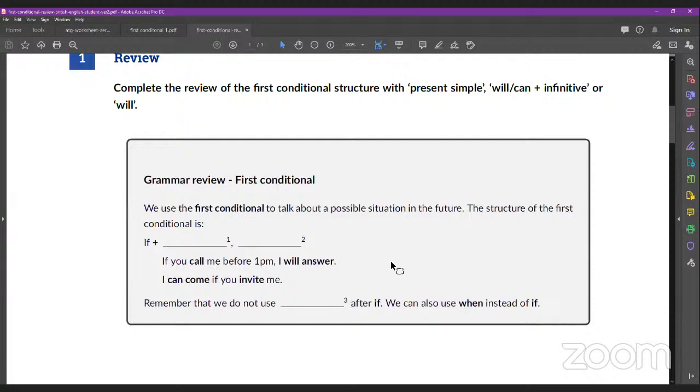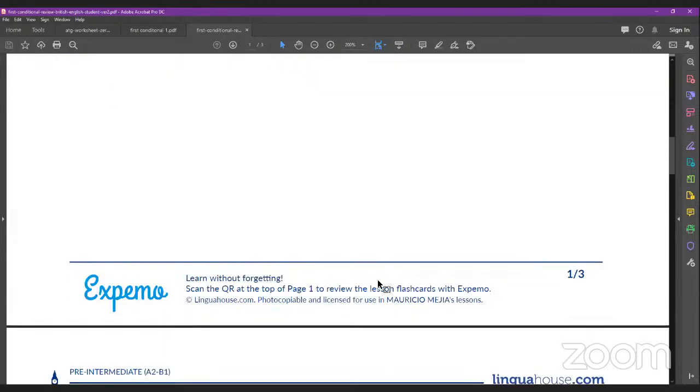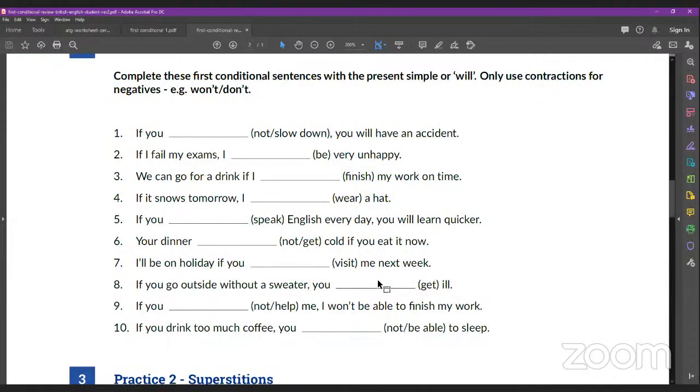Recuerda que no utilizamos will después de if. En esa cláusula, if, no utilizamos will. Ahí utilizamos present simple, no will. So it says, remember, we don't use will after if. That's correct. So let's move on to the exercises.